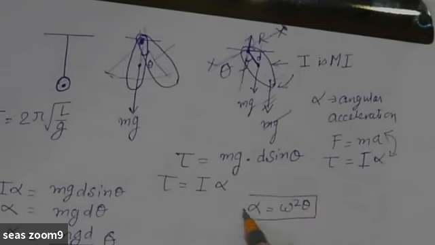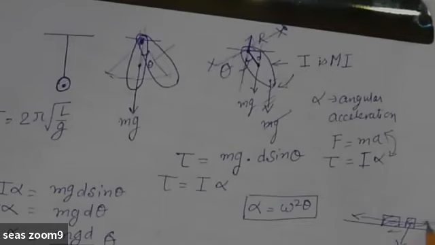If you remember from class 12 physics, whenever any body is moving from this point to this point in simple harmonic motion, at any particular instant, the linear acceleration A is given by omega square x, and the angular acceleration alpha is omega square theta.